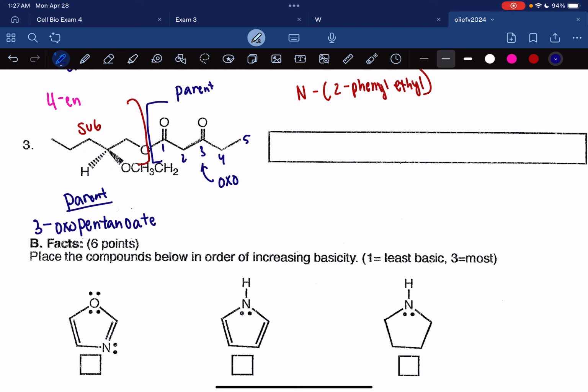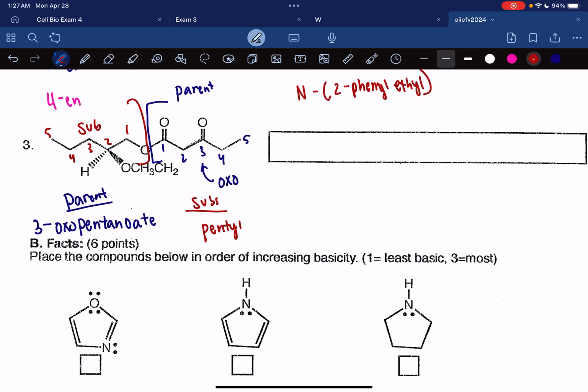And then on the left side, whenever you're doing a substituent, you start at the carbon closest to the O. Go 1, 2, 3, 4, 5. So for the substituent, it's also 5 carbons. So what is that? Pentyl.